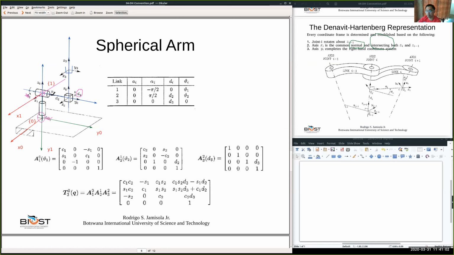So to intersect both axes, Z2 and Z1, at the same time, given that those two axes live on the same plane, it constrains X2 to be passing through the point of intersection of Z2 and Z1. And so that's why X2 has to pass through this point.